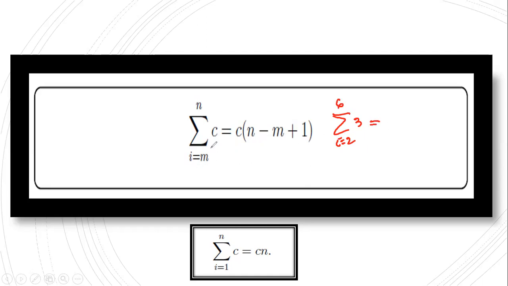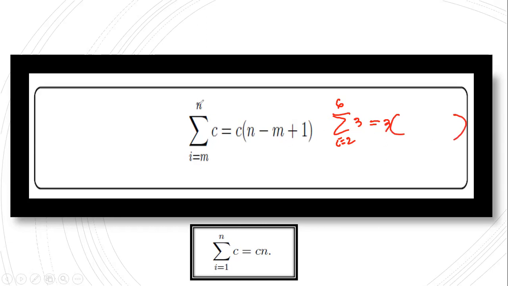Commonly, this can be used if your I is not starting from 1. Say for example, you started from 2. You just have to use this one. First you need to know what your n is. In this case, your n is 6, your m is 2, and your c is 3. So you just have to follow the formula. First, your c, which is 3.